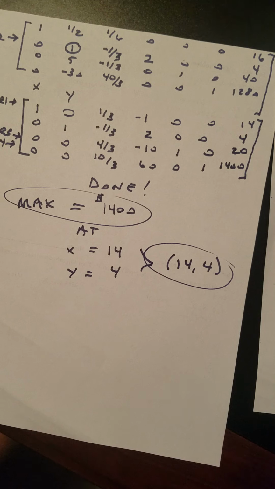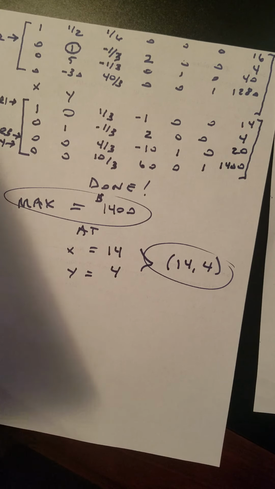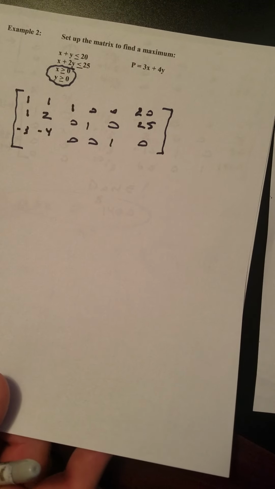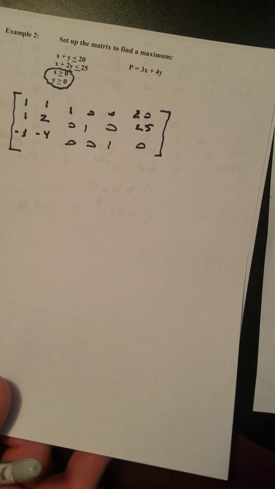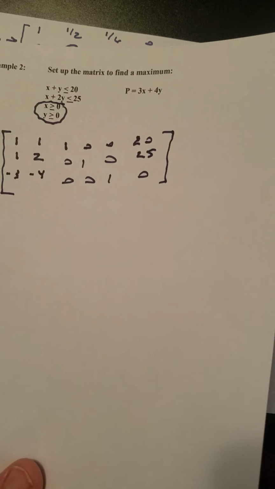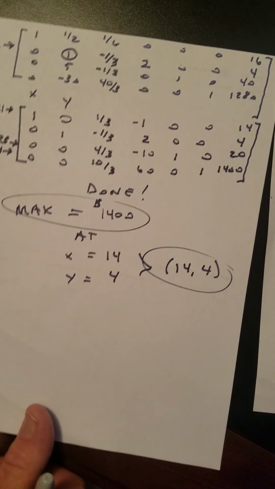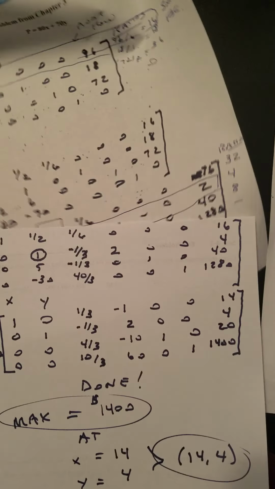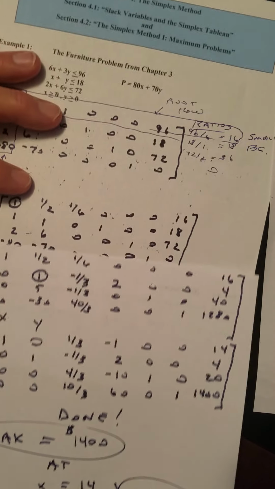Okay, so the big thing in section 1 is, for example, this one, taking the inequalities and writing them in matrix form. And then once you have it in matrix form, taking it the whole way through. It's probably too long, I know.